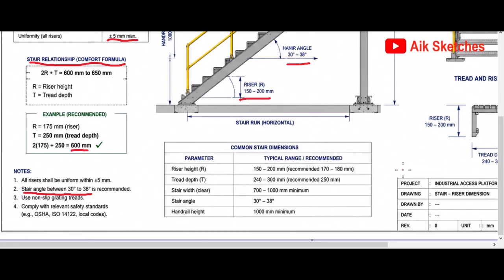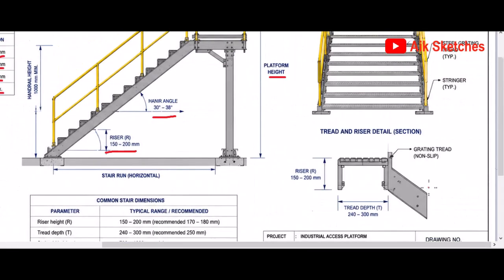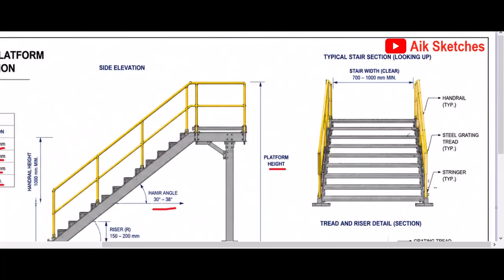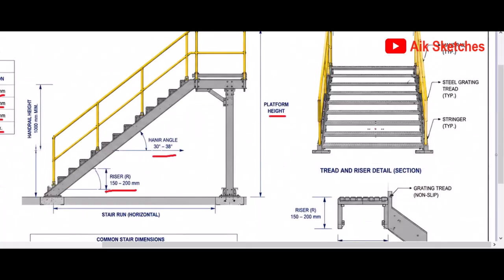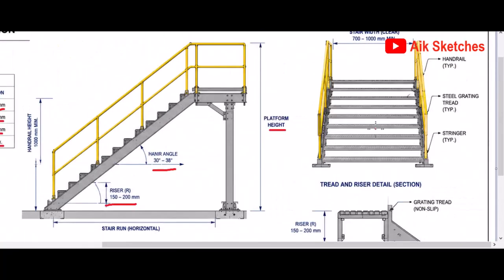Here, platform height. Okay, so another thing we need to look at is common stair dimensions. The parameter riser height is 150 to 200 millimeters, recommended 170 to 180 millimeters. Like we mentioned earlier, for the tread depth we have 240 to 300 millimeters, but recommended is 250 millimeters.